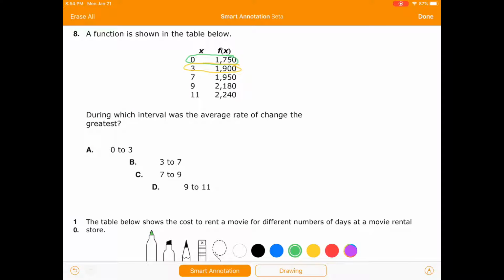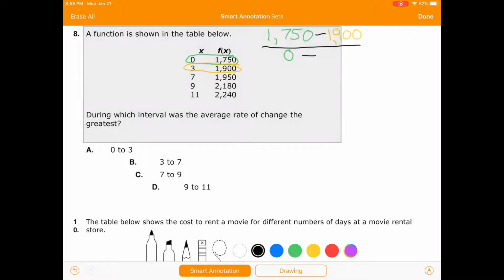So we've got 1750, subtract 1900, divided by our 0 minus 3.